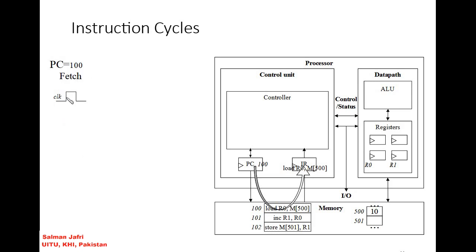So we start execution. During the fetch phase, what happens? The content of this 100 memory location, which is this instruction, is moved into the IR or the instruction register. What is the next phase? Decode.